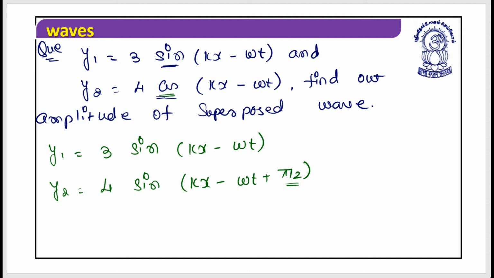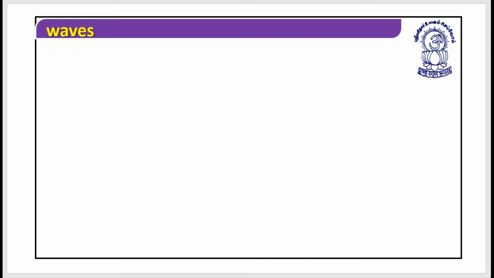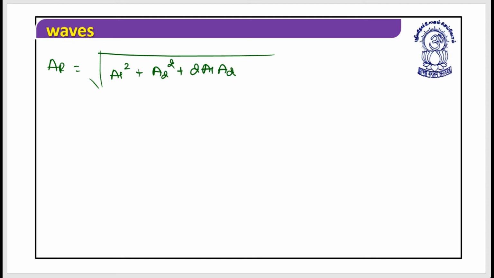Now, the phase difference between these two is pi by 2. My amplitude 1 is 3. Amplitude 2 is 4. What I want is AR. How will we do this? Let's have a look. To find AR, it's the A1 not equal to A2 case. So this is equal to the root of A1 square plus A2 square plus 2A1 A2 cos of delta phi.